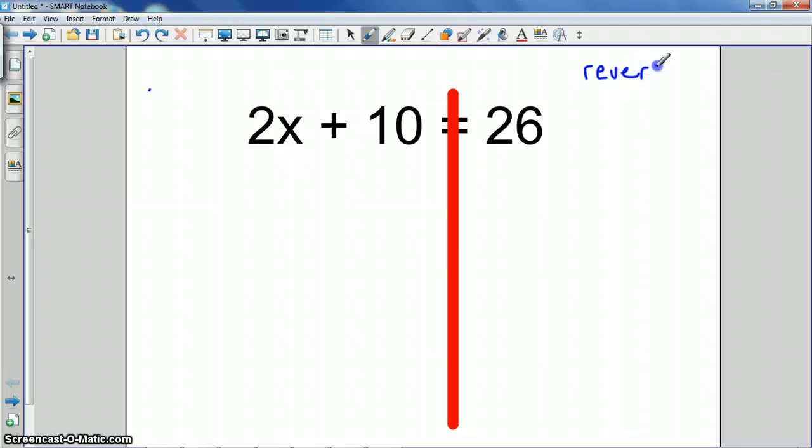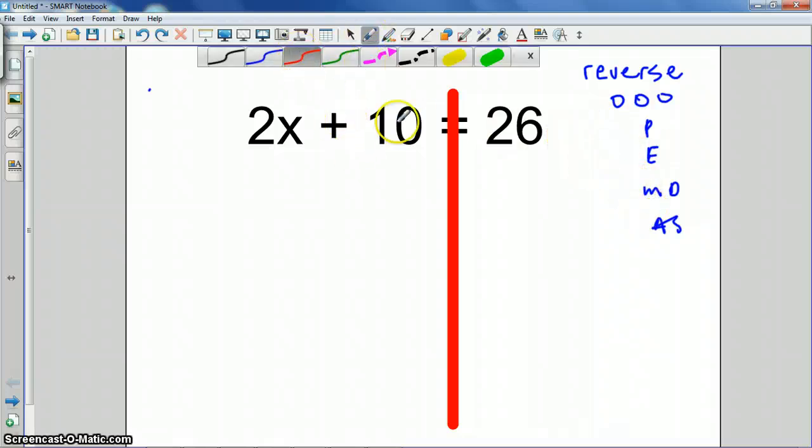So we use the reverse order of operations. Usually you start with parentheses, then exponents, then multiply, divide, then add and subtract. You don't have to write this. Just write what I do with the problem, unless you really want to.